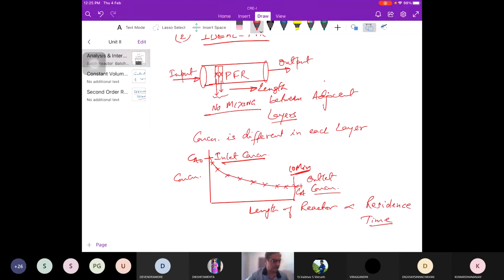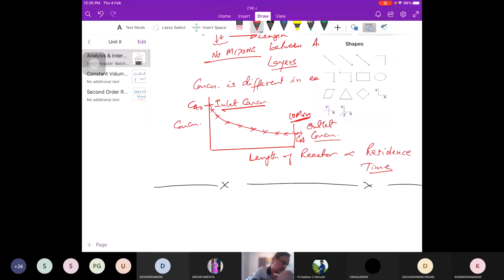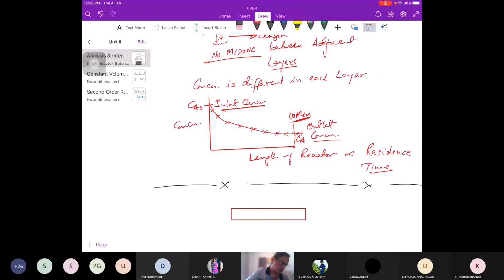When you look at plug flow or rather, when you look at flow in a pipe, right? Suppose this is a pipe, right? Now what will happen? You have input, you have output, right?